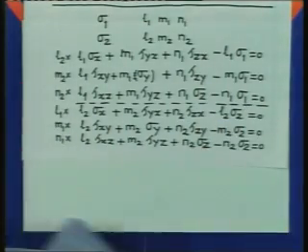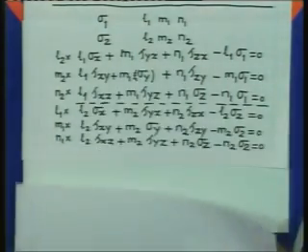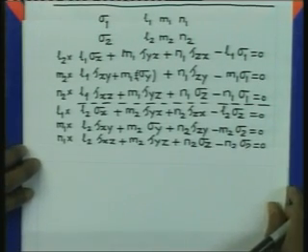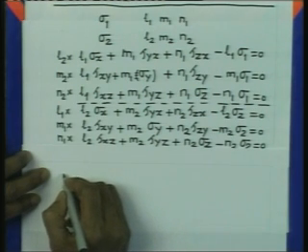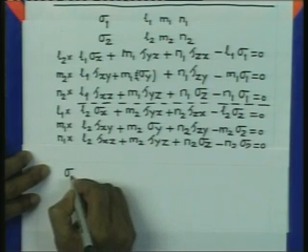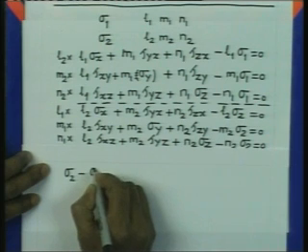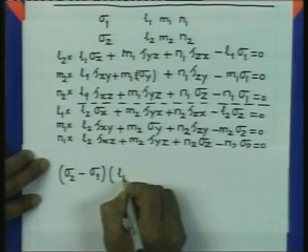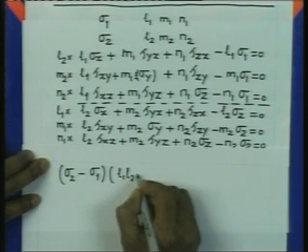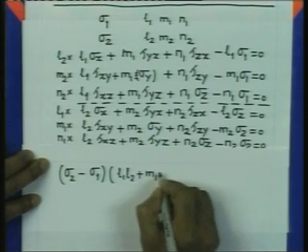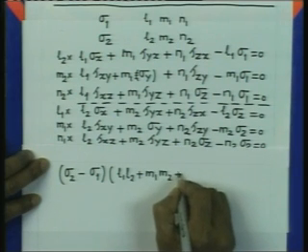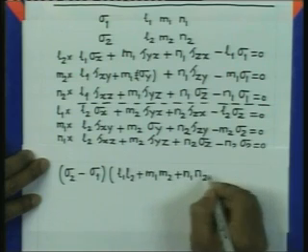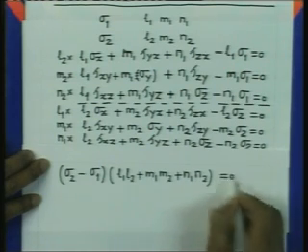So, you can immediately appreciate that by this process we are going to get a relation like this: sigma 2 minus sigma 1 multiplied by L1 L2 plus M1 M2 plus N1 N2, this is equal to 0.